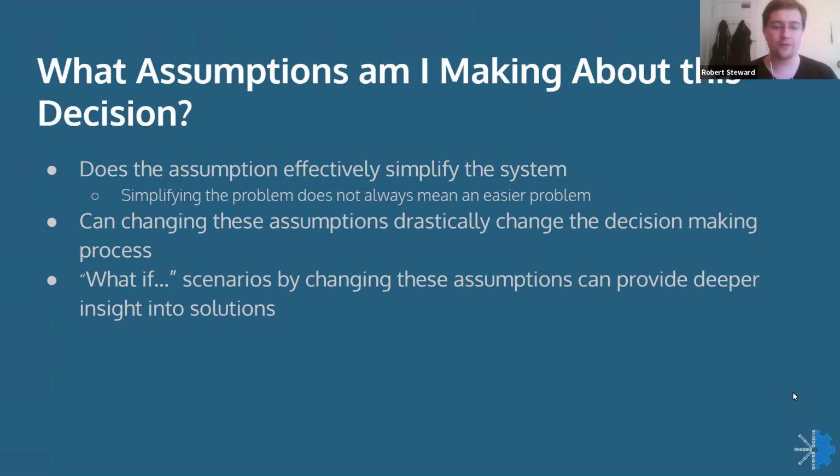And then in line with that, you have these what if scenarios, when you can change those assumptions, and they can give deeper insight even into solutions that you wouldn't have necessarily thought of fitting those scenarios, but some other scenario that you've already considered.